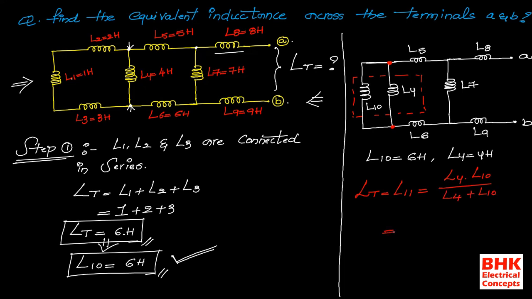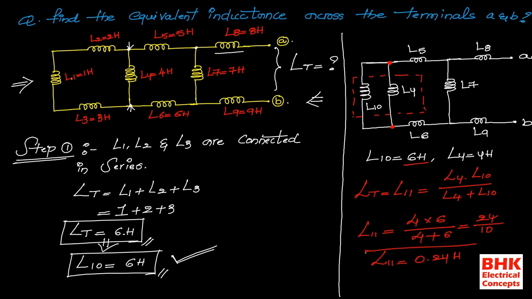L4 is 4 Henries, L10 is 6 Henries, so 4 times 6 divided by 4 plus 6, that is 24 divided by 10. So L11 is equal to 2.4 Henries.